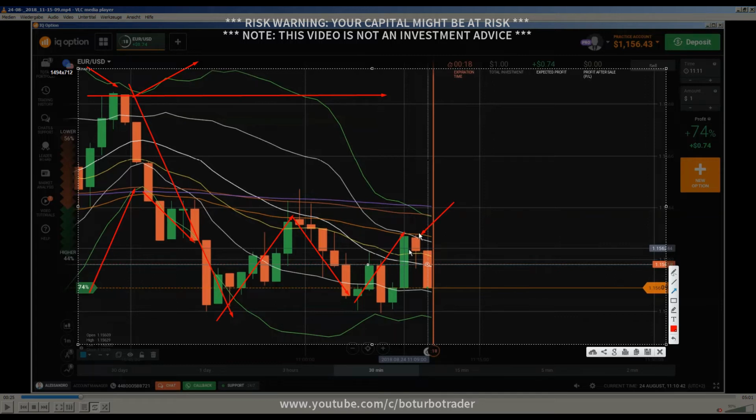Yes, and that was the reason, after I saw that this candle here was breaking through the 20 EMA, that we are getting here into a downtrend, and that was the reason why I entered here into a put. Because you see again here Bollinger Squeeze, yes, consolidation area, but more important is this one here, the 200, the 100, the 50 and the 20 EMA, which are aligned in this kind of manner, like I have shown you before.